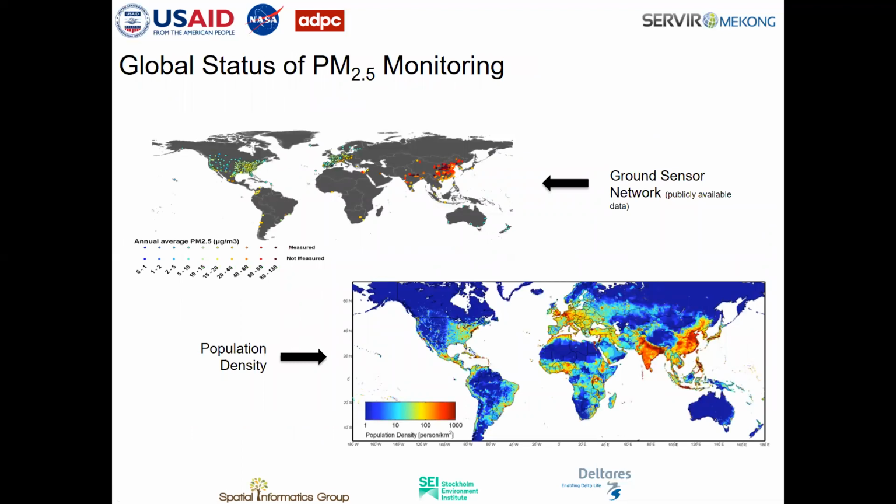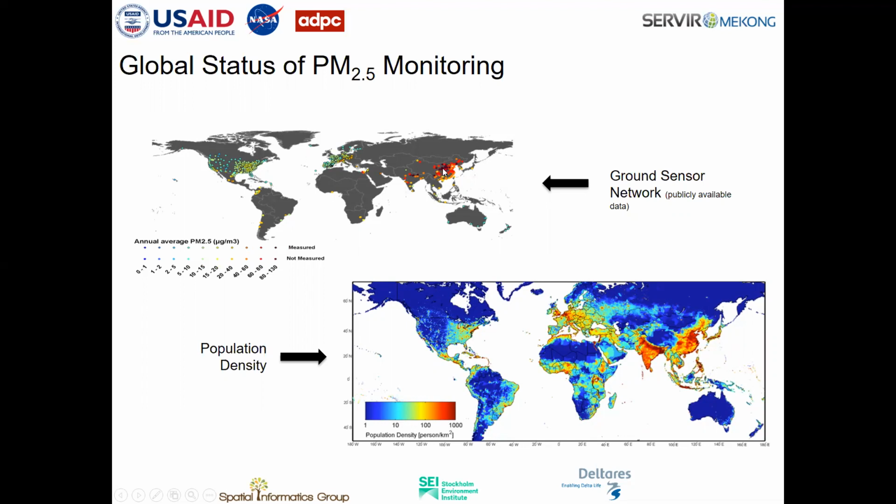Let me bring you to the global picture. On the upper left, these are the ground sensors. The ground sensors, by far, give the most accurate measurements of ground air quality. These dots are the locations of the ground measurement stations.